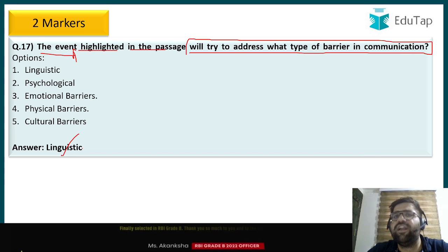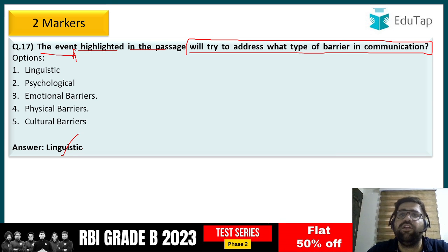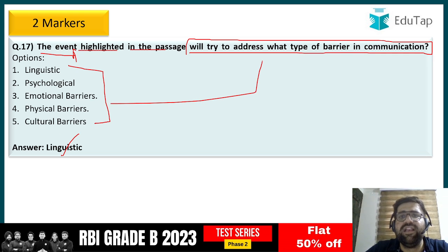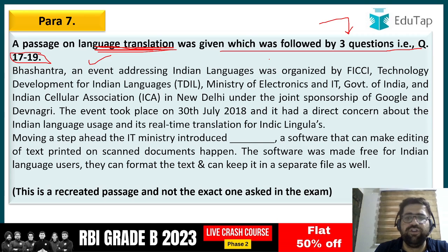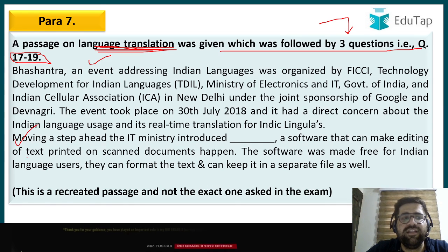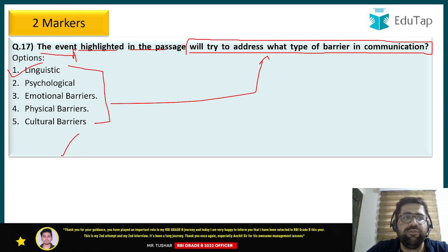Mainly there are psychological barriers, semantic barriers, and then we also have personal barriers and organizational barriers. Again, it's one of the components directly taken from your communication chapter. Even if you read the question, you can see that a linguistic barrier is happening in this paragraph. So the answer to this question will be linguistic barriers.